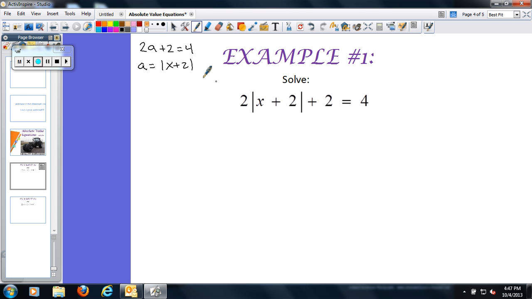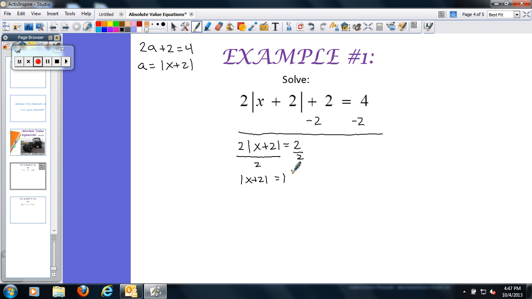If you think of it this way and I'm solving for a, the first thing I have to get rid of is the plus 2. So I'm going to subtract 2 from both sides. This gives me 2 times the absolute value of x plus 2 equals 2. Now I'm going to divide by 2, and at this point I get the absolute value of x plus 2 equals 1.